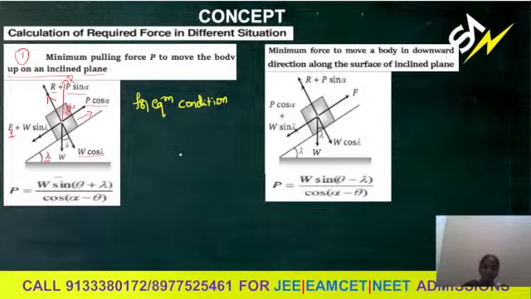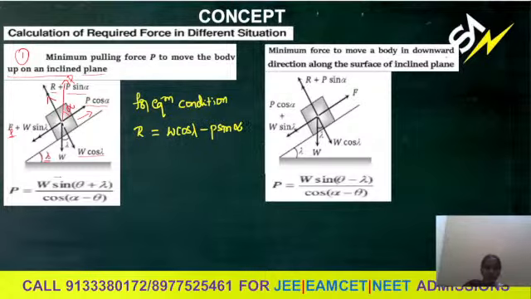The sum of the forces will be 0 in all directions, as they balance each other. So we just equate vertical and horizontal. Vertically we can write R plus P sin alpha equals W cos lambda. So I can write R is equal to W cos lambda minus P sin alpha.